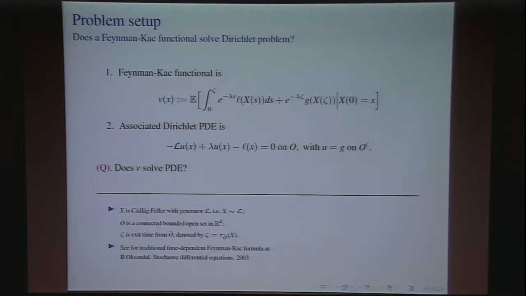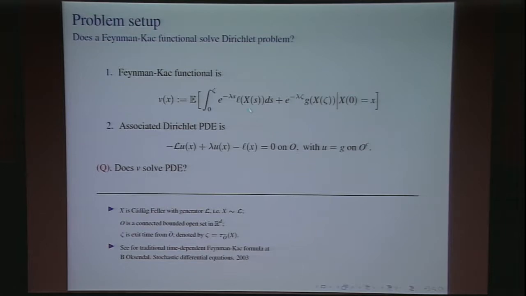We think about if you invest some money, and X is some underlying asset value, and you are going to take dividend in real time, and here G is a terminal reward. And you are going to have discount rate lambda. And then you are going to evaluate its expectation, and zeta is the maturity.